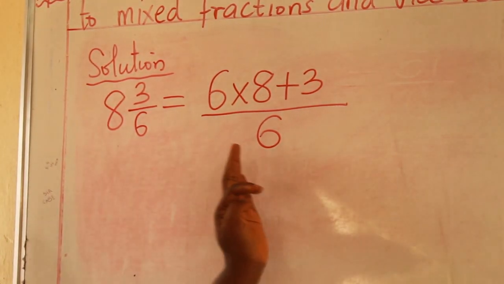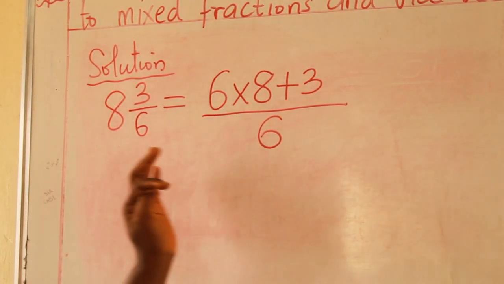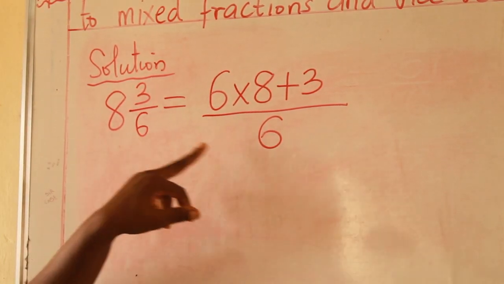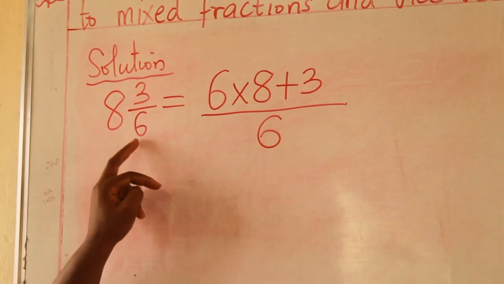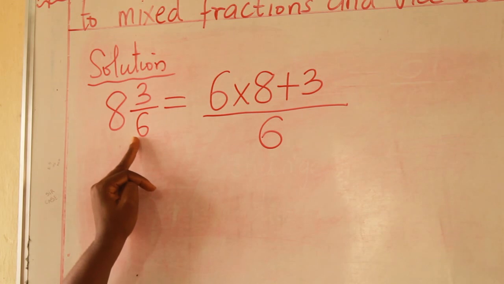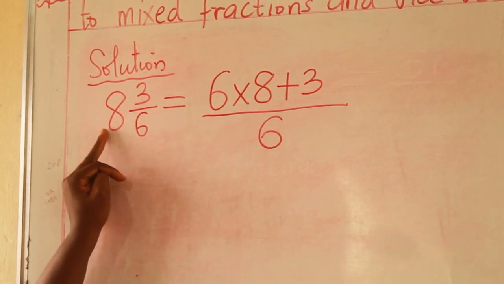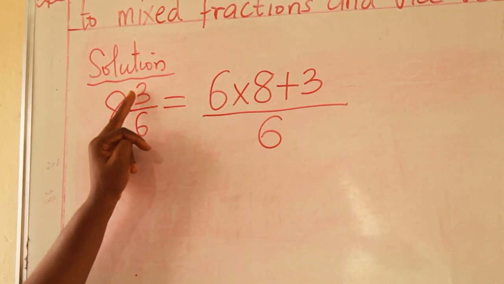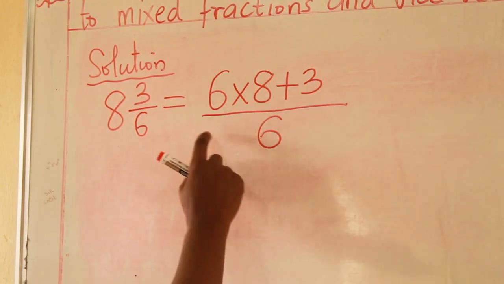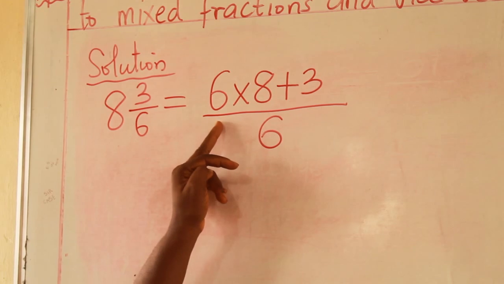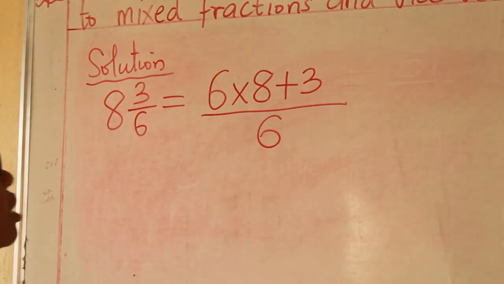Where did I say we are getting this 6 from, in case you are asking such a question? We say the 6 here is what we are having here, which is our denominator. So for this, we have 6 down here, denominator, multiplied by your 8, which is the whole number. That's what we have here. And then you add your 3, which is the numerator. That is that 3 here. All over 6, using your dividing line. I hope you've gotten that. Good.